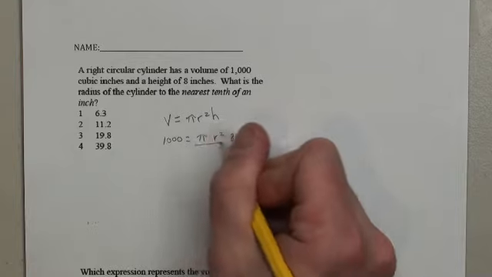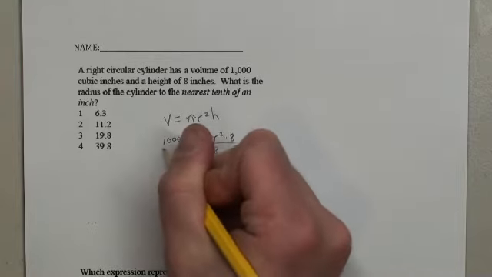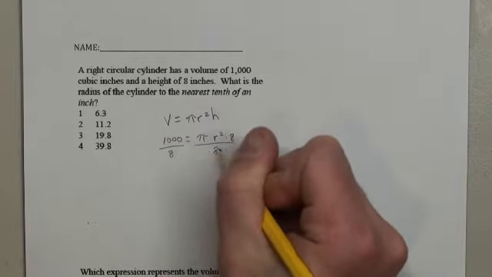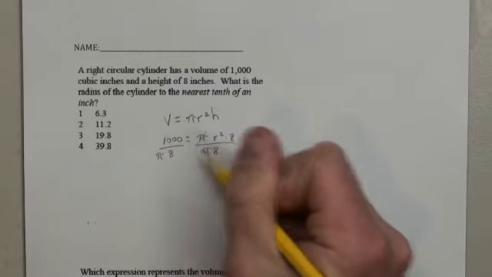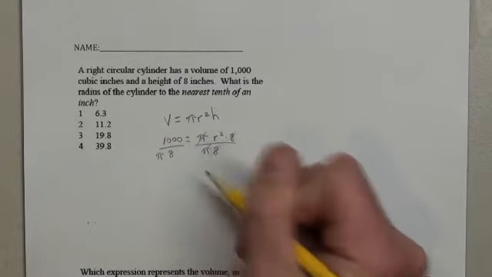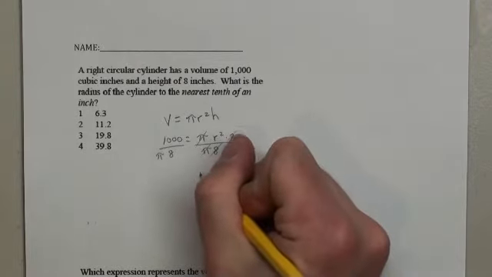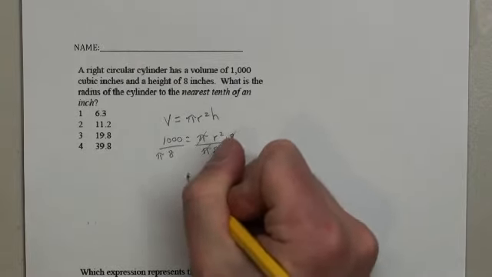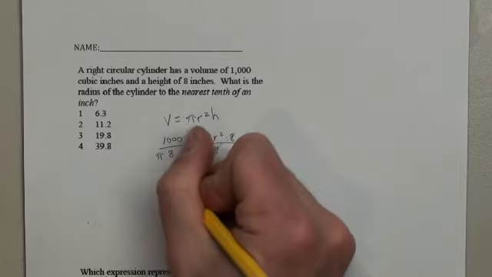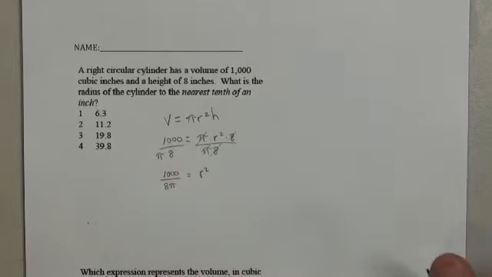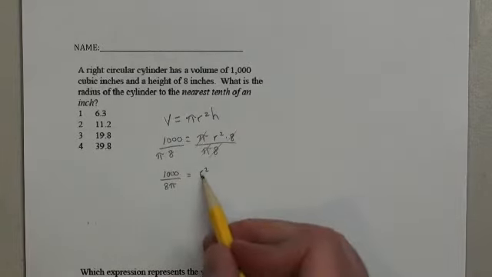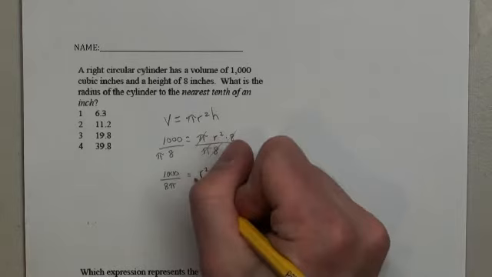Okay, now let's divide first by 8. Actually, let's just divide by 8 pi right away, right? We can get rid of the pi and the 8 and the 8. So what we have is r squared, now watch how I do this, equals 1,000 over 8 pi. I'm just going to leave it like that for now because I'm not really done yet. I need to take the square root of both sides.